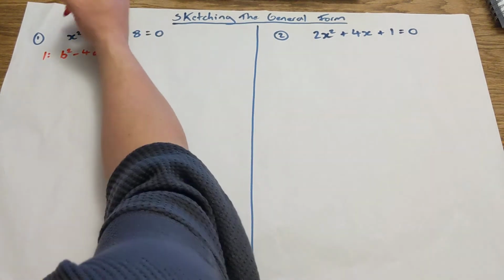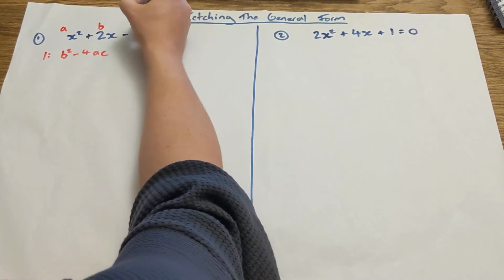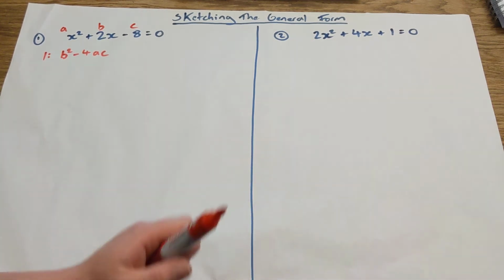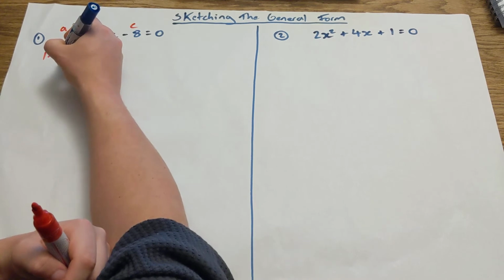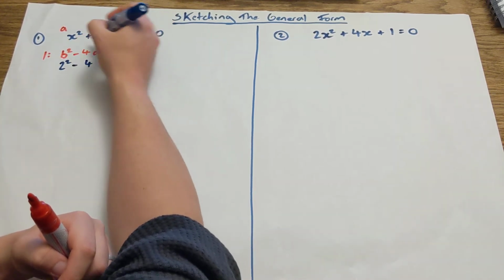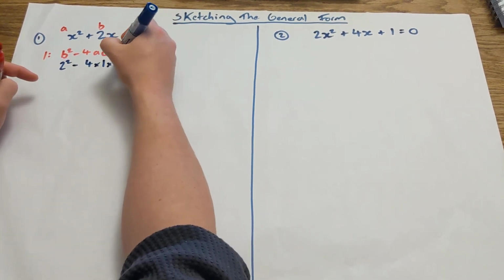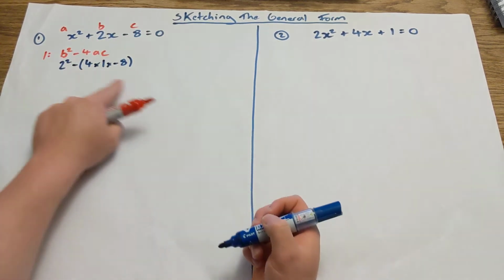First, let's just write down a, b, and c so we don't get mixed up, and then we'll work this out. So b squared, that is 2 squared, take away 4 times 1 times negative 8. This bit we need to work out by itself.